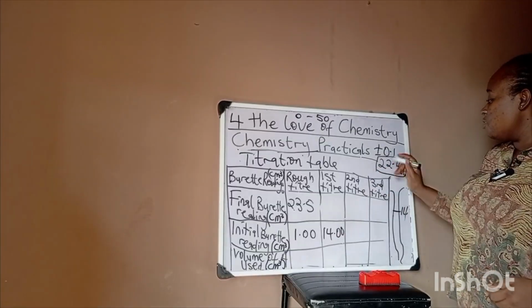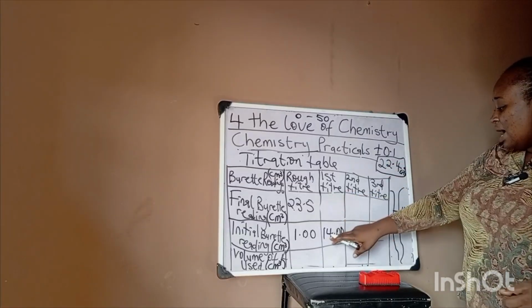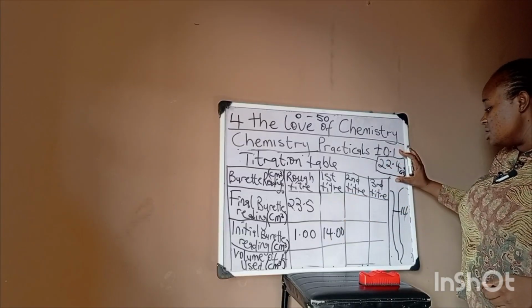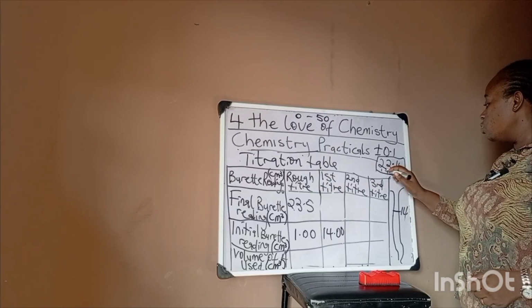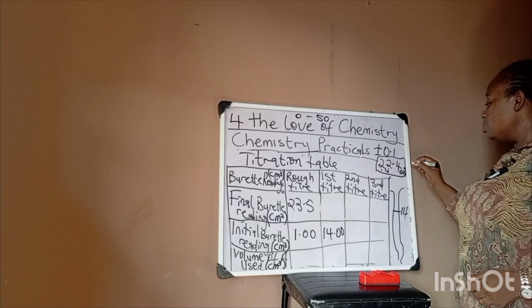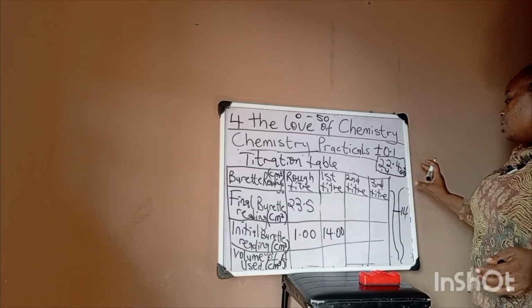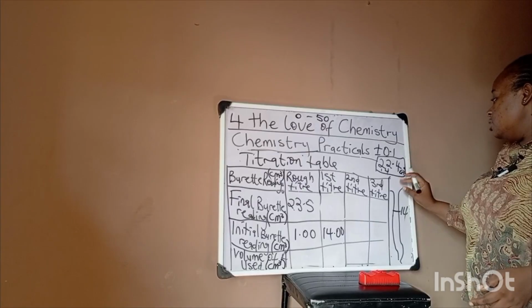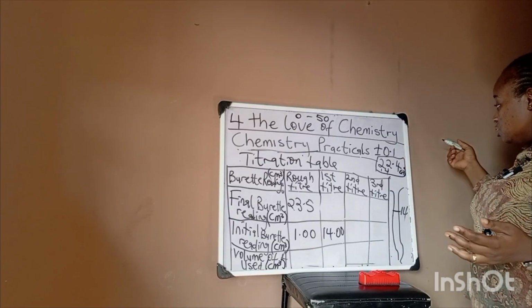Now, whatever will be my final burette reading, in order to arrive at something within this range, I will have to add 14 to this. So if I add 14 to 22.4, I'll have 36.4. But let's say I don't want to do 4 yet. So I can just add 0.1 to it, or 0.2.